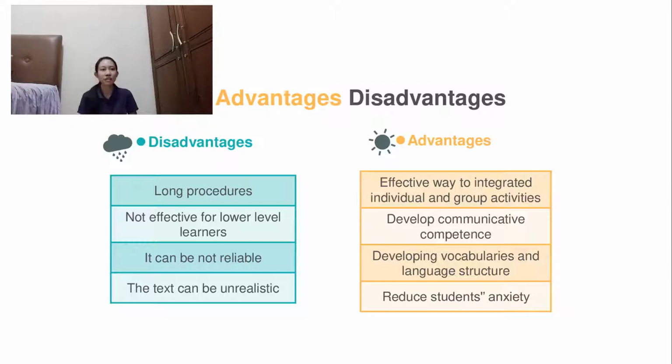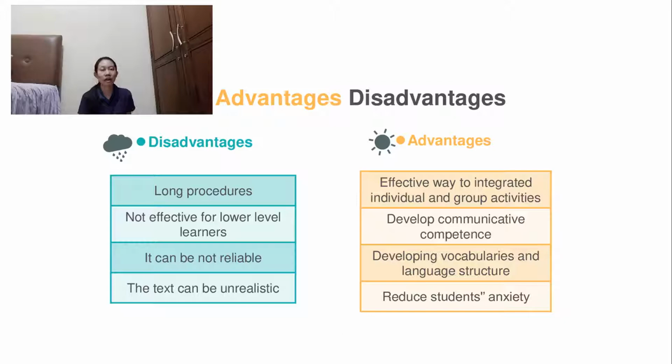The first advantage of the Dictogloss technique is that it is an effective way to combine individual and group activity, because they work individually to take notes about the important vocabularies and information that they hear from the teacher. The second advantage is that the procedure gives opportunity to develop the communication competence of the students because they have to communicate in the group to reconstruct the meaning together.